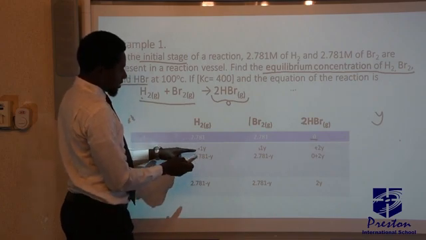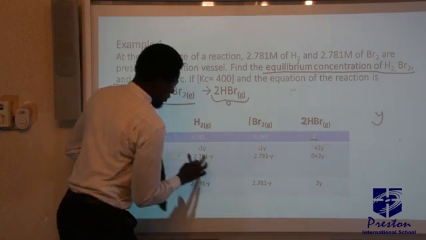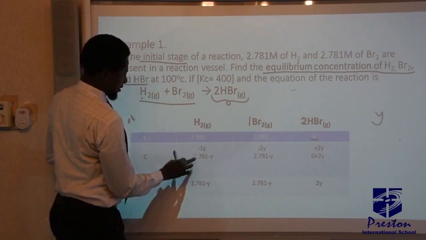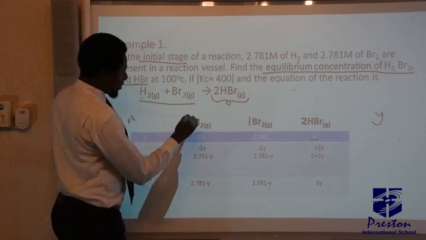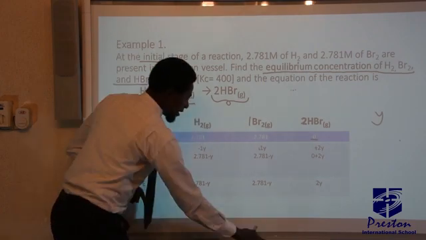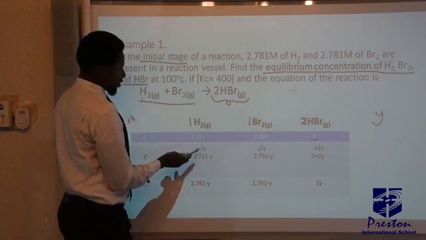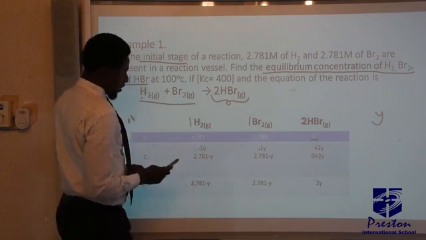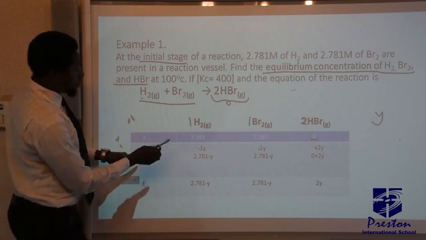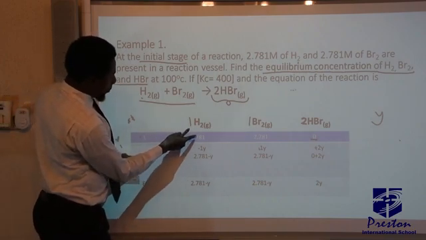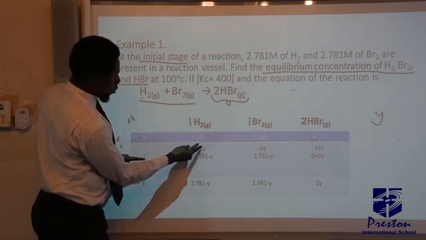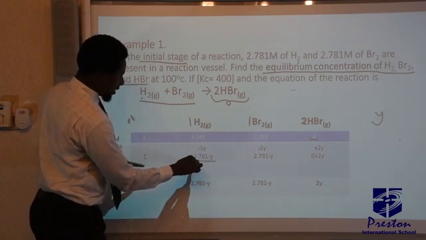Then in the case of this, it is also minus y. But because we have 1 mole here, that is why we have minus 1y. So the change in concentration will now be, for this one, 2.781 minus 1y. That's what we have here.